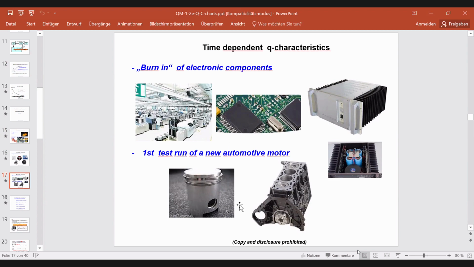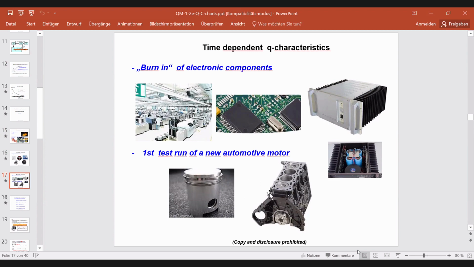Also in mechanical systems, like in a motor for a car, you have a test run. And you can also do pressure tests and other things here for the cylinder system. You can only do this after the first test run is finished. And the first test run means also about 2 hours or 4 hours or whatever of test run.